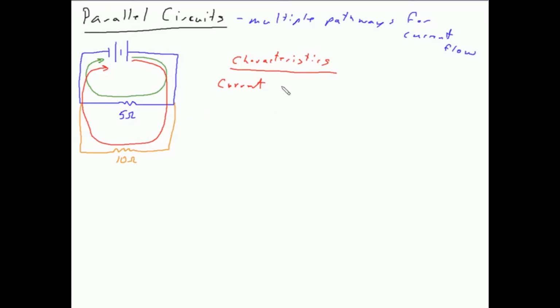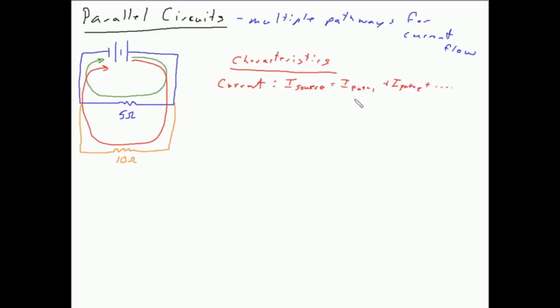The current provided by the source is simply going to be the sum of the current in each path. So maybe path 1 plus the current of path 2 plus however many more paths we have.